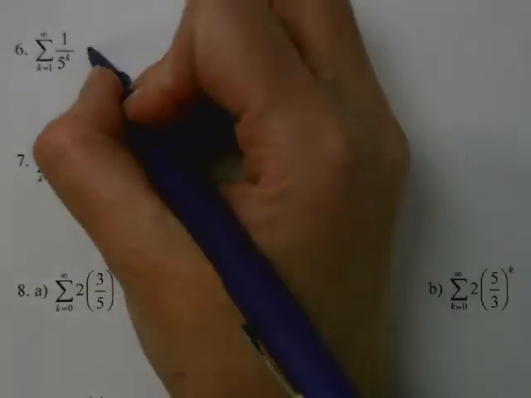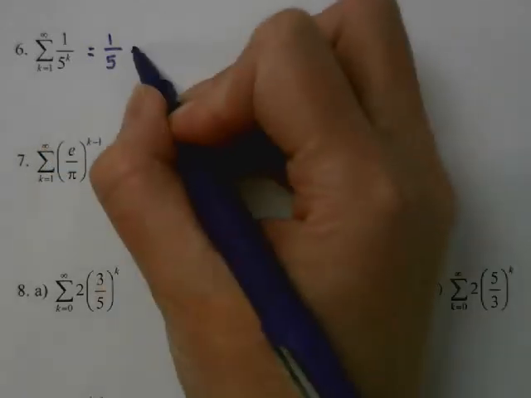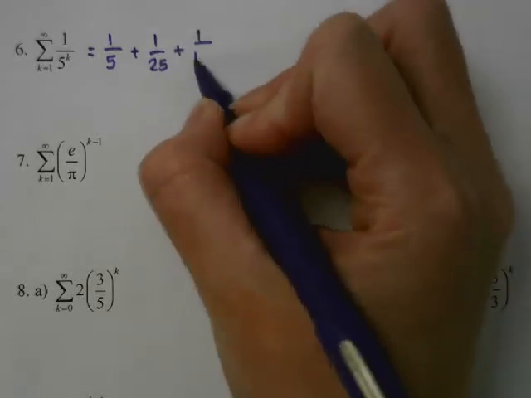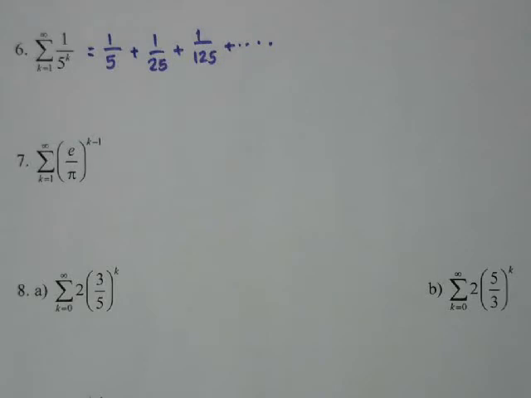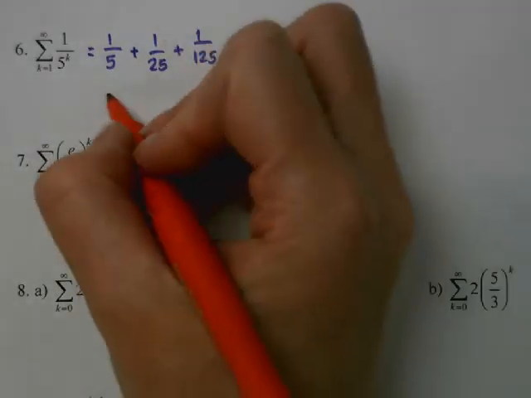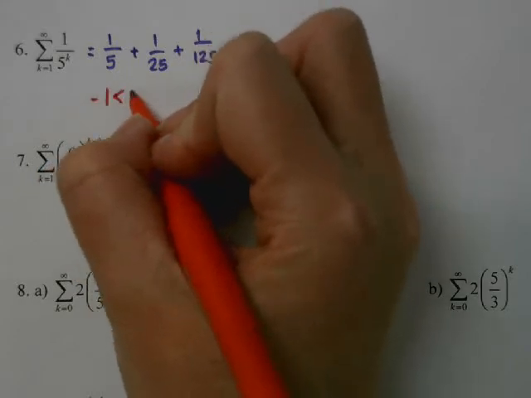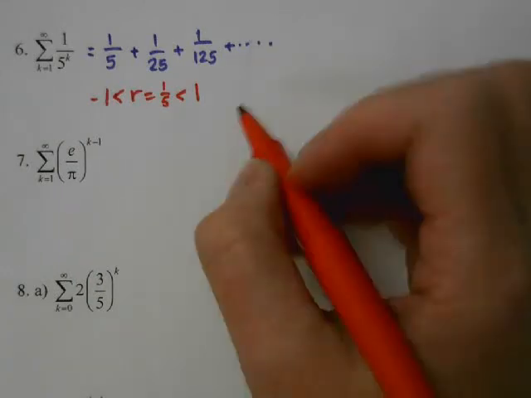So starting with 1, my first term here is going to be 1/5. If we plug in a 2, we're going to have 1/25. We're going to plug in 3, we get 1/125, and so on. So this is an infinite geometric series with the common ratio of 1/5, which is between -1 and 1.